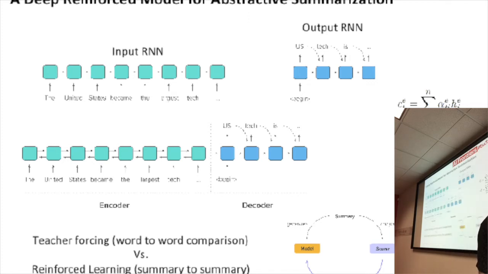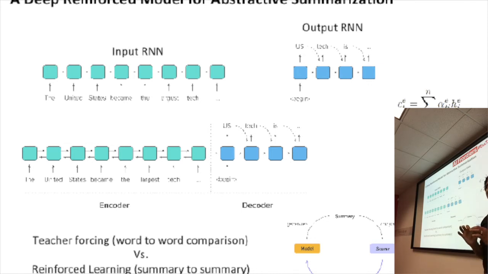Whereas in this model, the context vector at time step t for the encoder is a sum of products of certain weights and the hidden state at timestamp i for the encoder. They also use the context vector for the decoder at timestamp t, which is a summation of certain weights and the hidden states of the decoder.